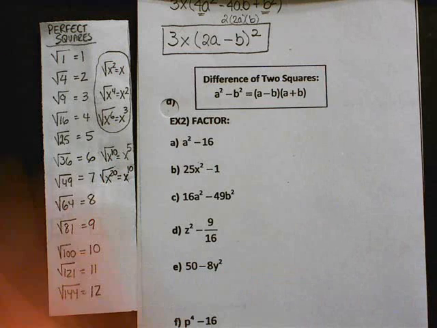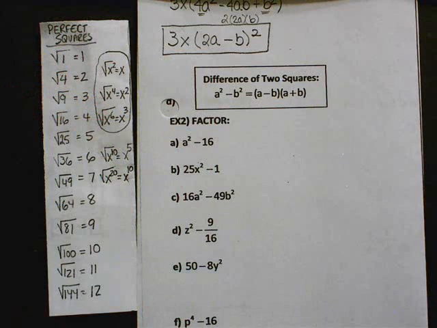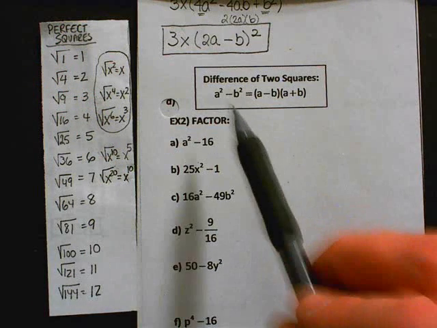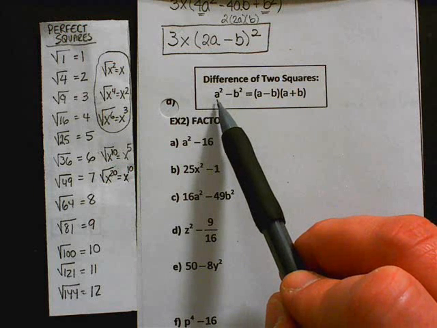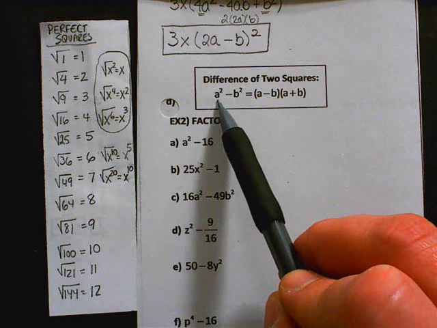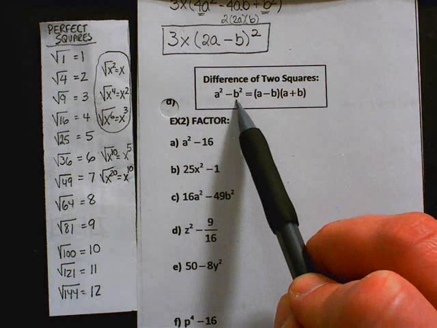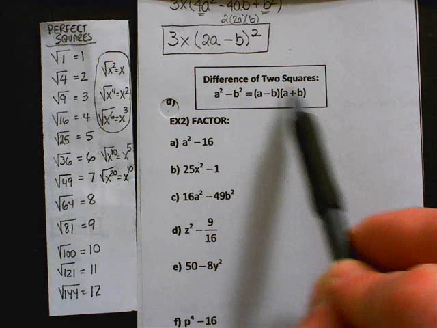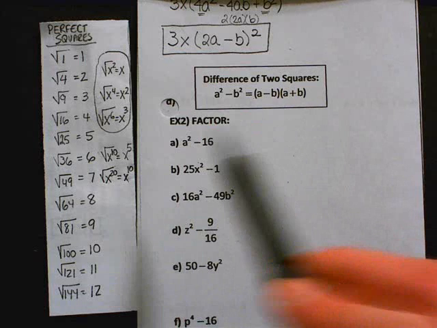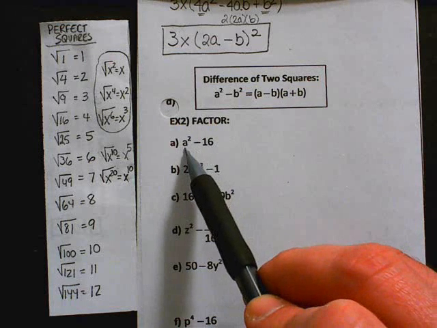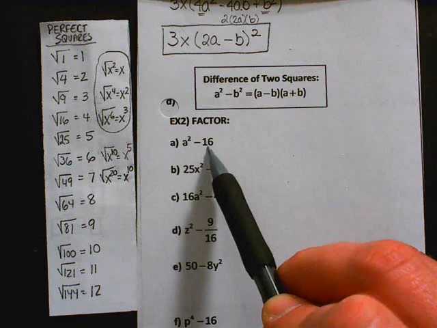Okay, and basically we're still going to use the perfect squares that we talked about. And if you ever find an expression that has a perfect square minus another perfect square, you can do this as your factorization. So that would be your shortcut. So let's see, this qualifies because I have a perfect square and a perfect square.